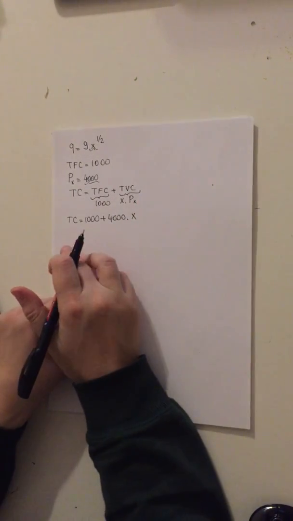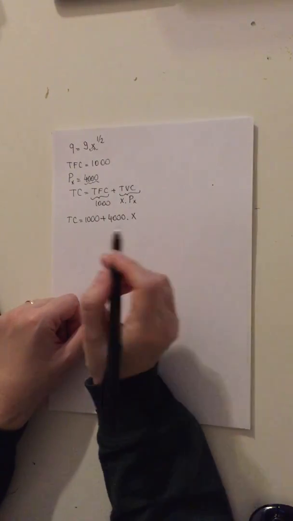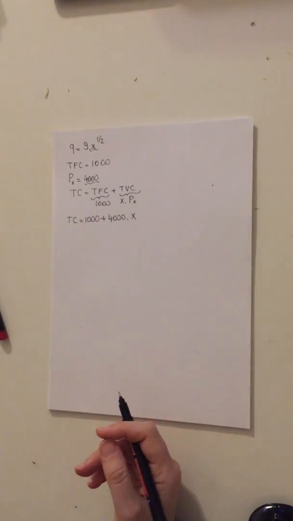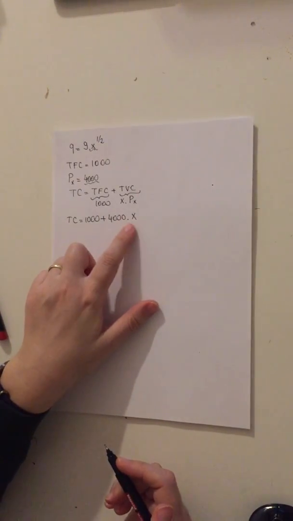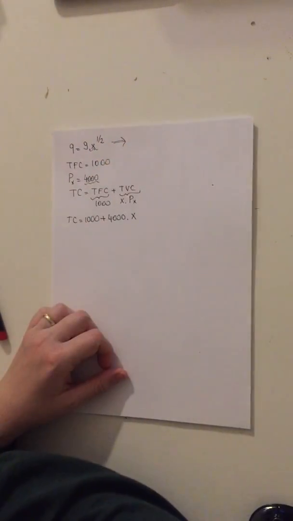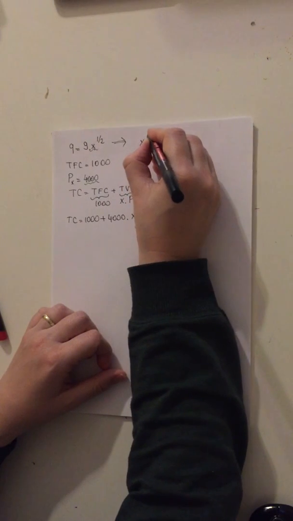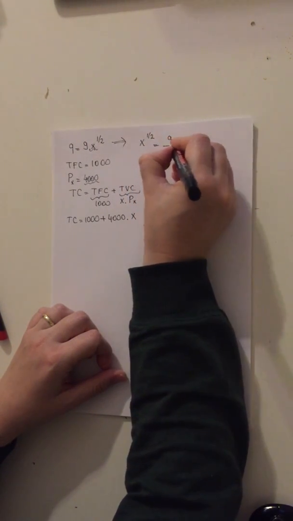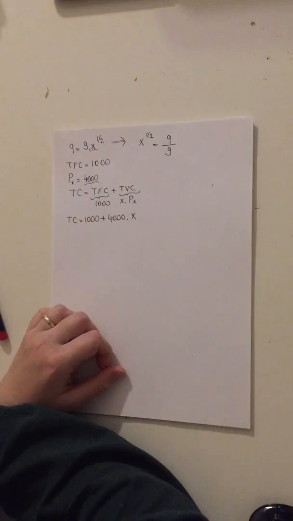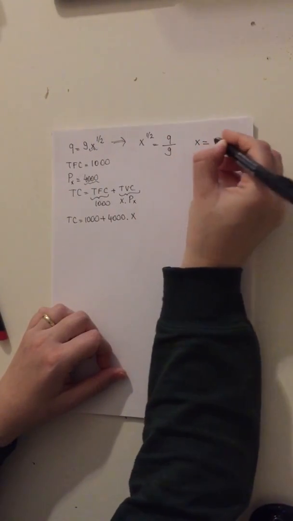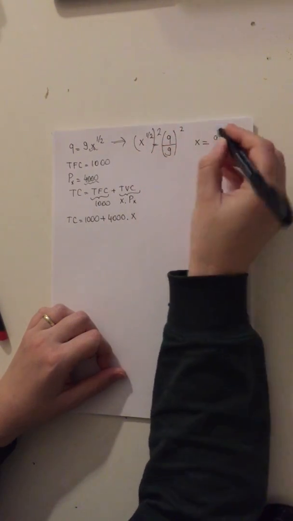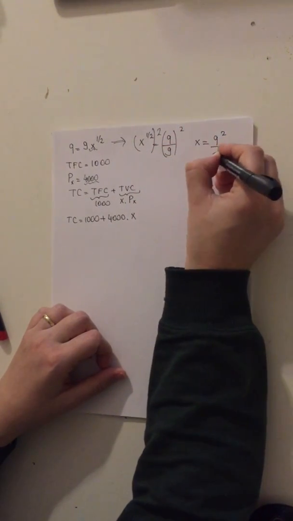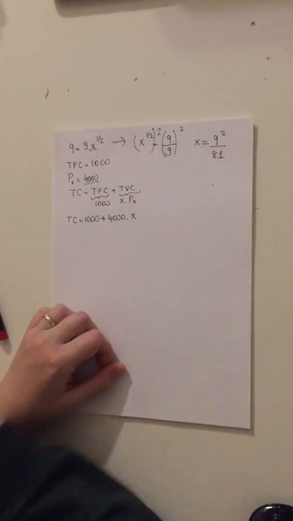We need to find the total cost function in terms of Q because we will differentiate it with respect to Q to find the marginal cost. So we will rewrite that X in terms of Q. We will use our production function: x to the power 1 over 2 equals Q over 9, and taking the square of both sides, x equals Q square over 81.